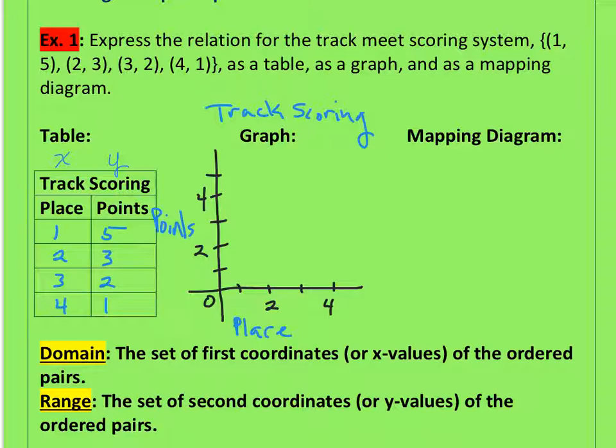And so then we're going to plot each ordered pair. The ordered pair 1, 5 means I'm going to go from 0 over 1 and up 5 and plot a point. My second ordered pair is 2, 3. So I'm going to go over 2 and up 3, plot that point.